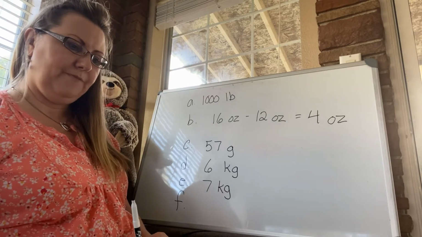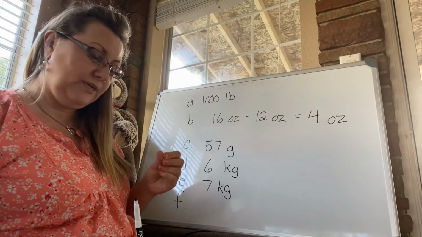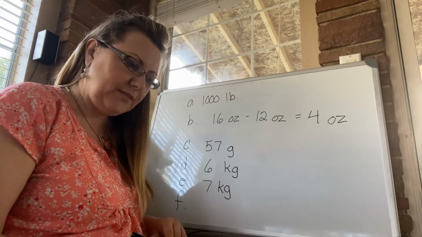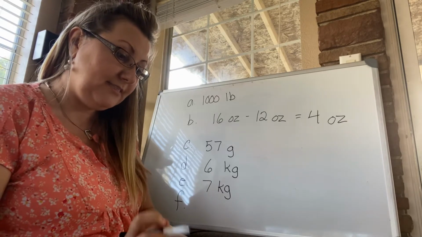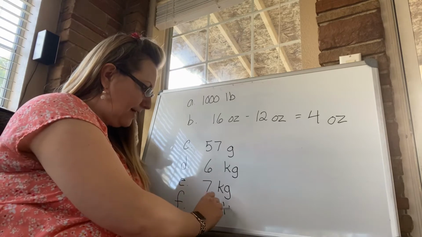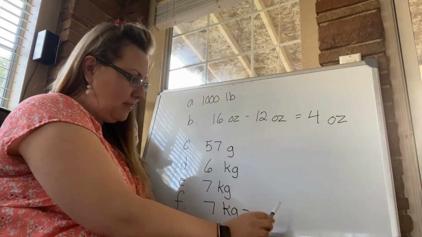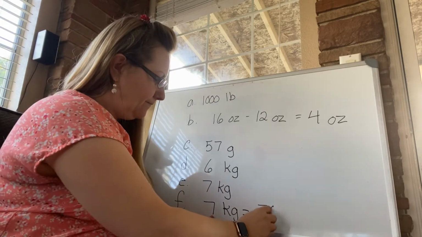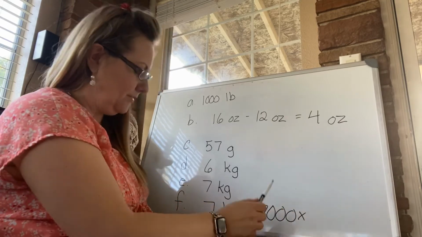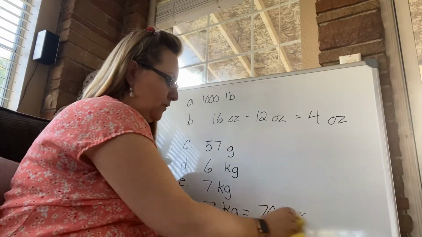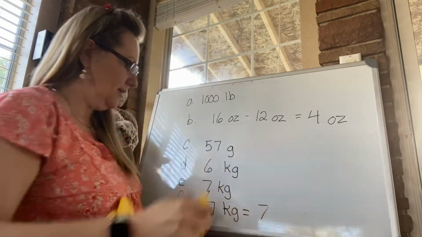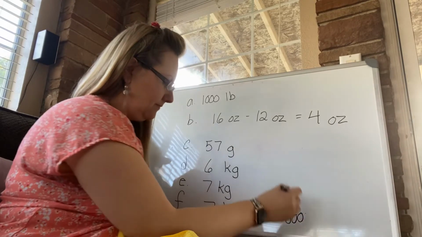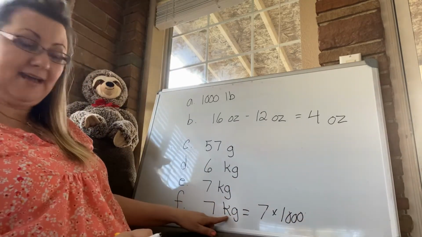All right, well, we said earlier, so if we have 7 kilograms, that would be the same as 7 times 1,000, because the kilo means 1,000, right?